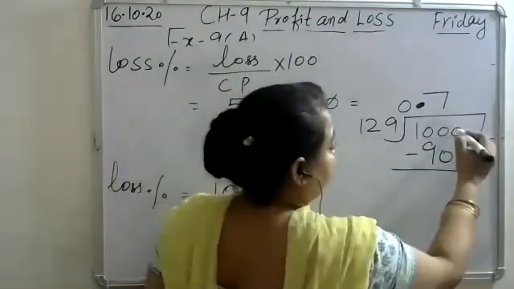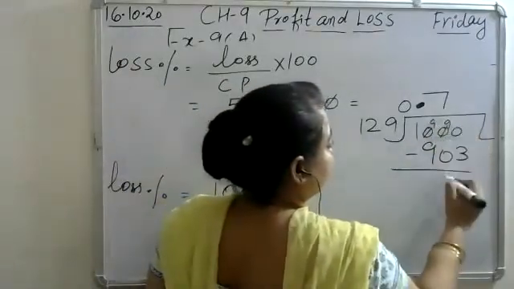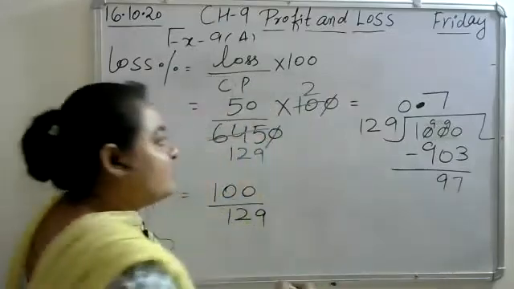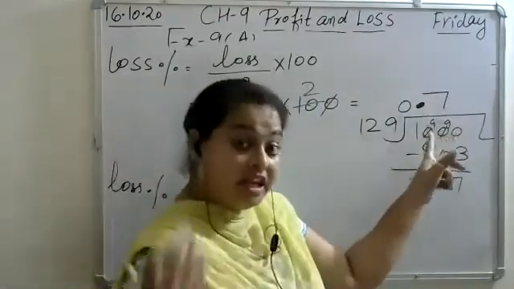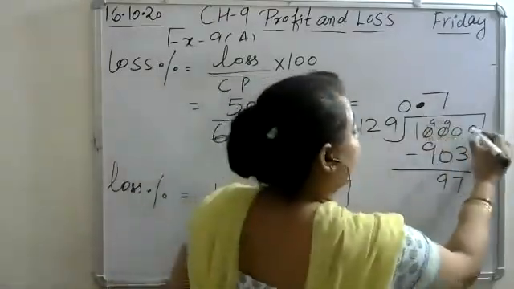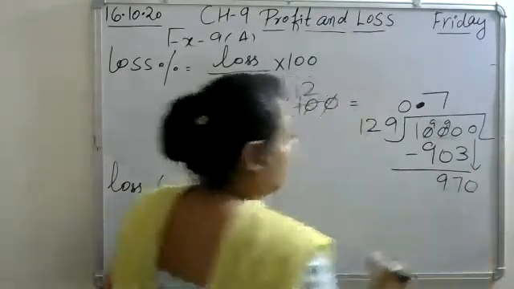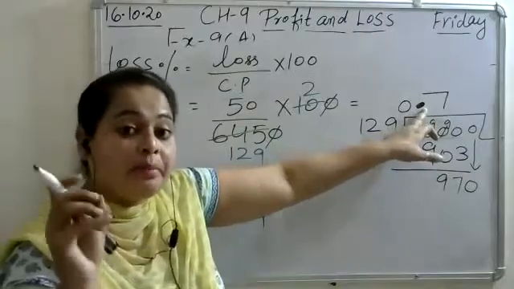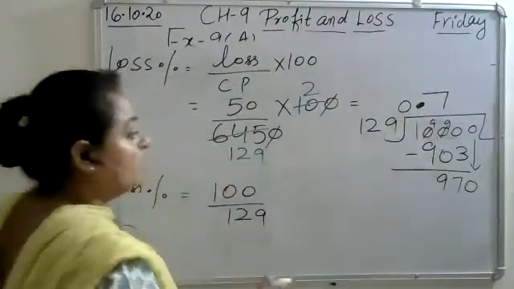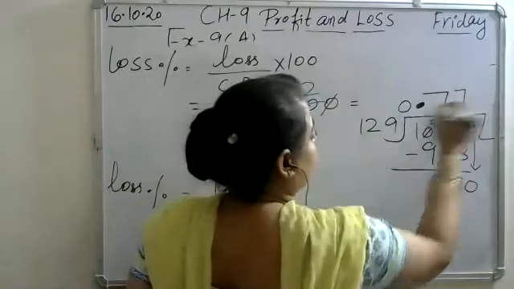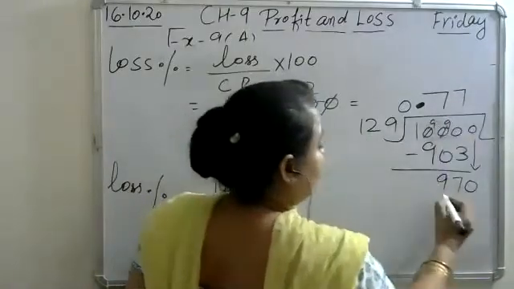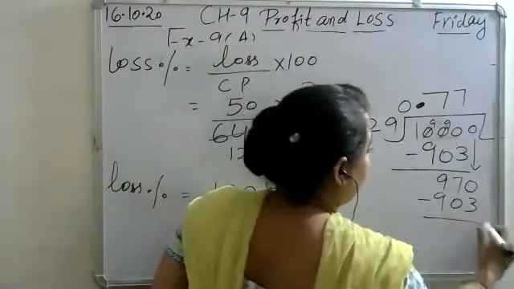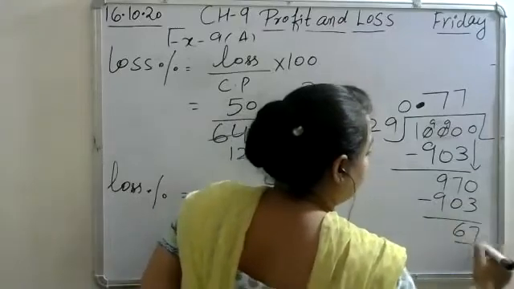So after subtraction, as the decimal is here, in each step you will get 10. So again in the table of 129, sevens are 903, and this is 67.